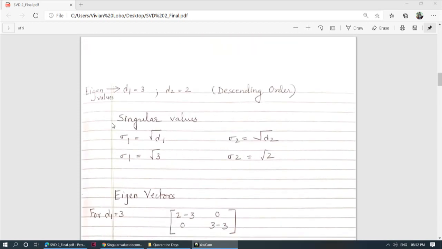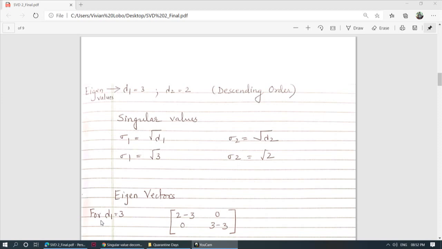As we know, the singular value is nothing but the square root of lambda. So sigma 1 is going to be the square root of 3, and singular value 2, that is sigma 2, is going to be the square root of 2.